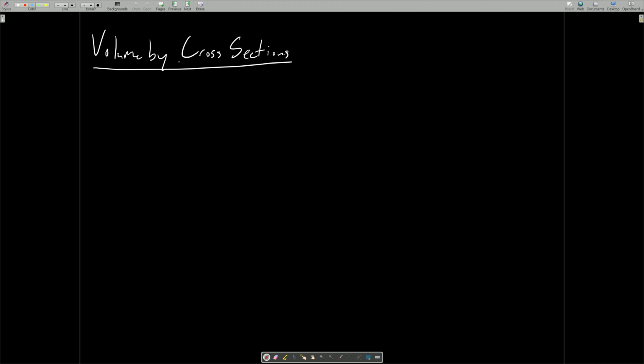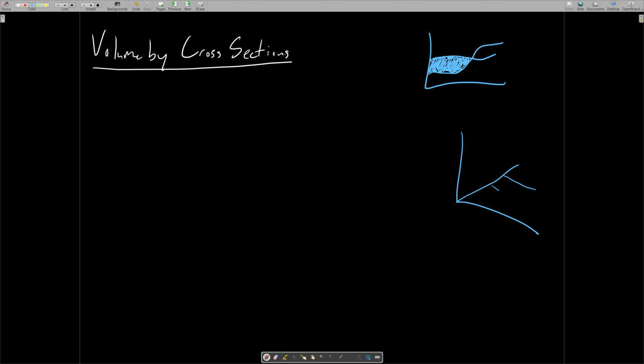Volume by cross sections. So now let's start going into how you can use integrals to calculate a volume. Sometimes the integral, which is like your area, when you're evaluating volume by cross sections, could be the base of a solid, right? I'll try to draw a 3D representation here.